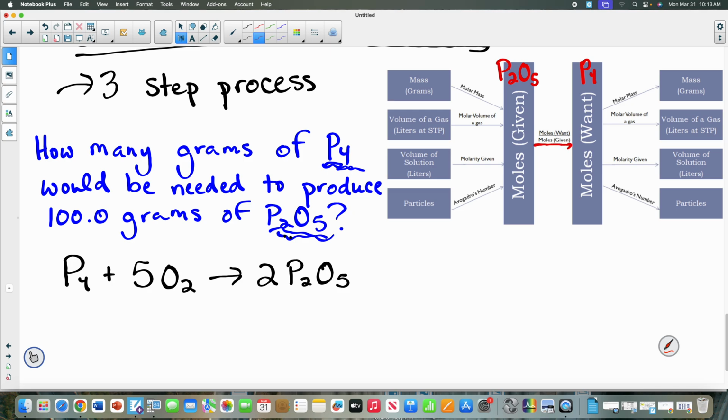But we're starting with grams. So step 1 is converting from grams of P2O5 to moles of P2O5. Step 2 is our mole ratio, going from moles of P2O5 to moles of P4, right? And we're being asked to calculate mass. So we need to bring in that molar mass there.